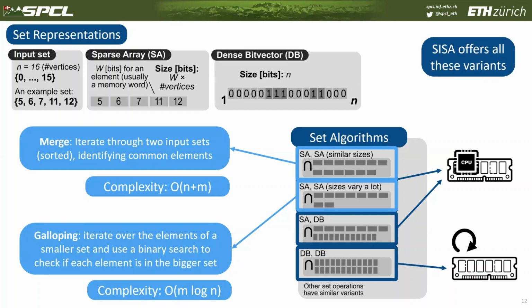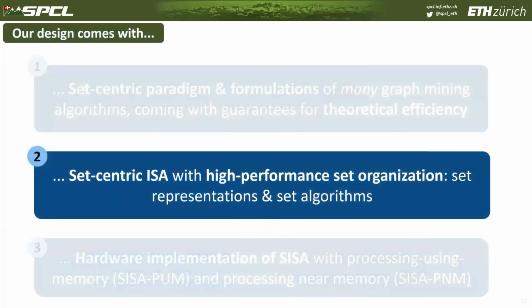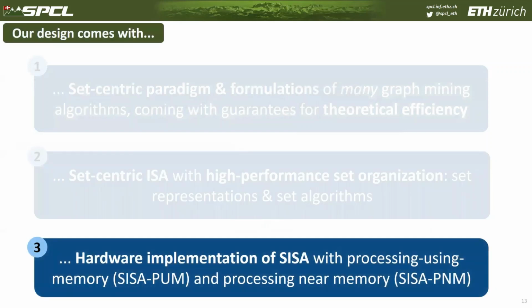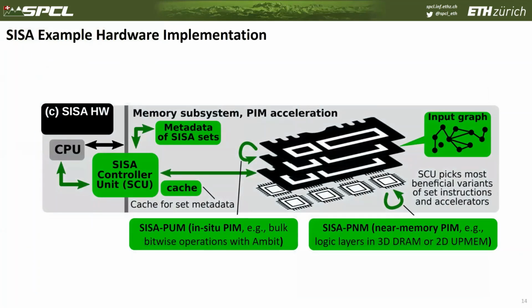automatic execution inside hardware. So yes, now let's move to the final part, to the hardware implementation of SISA. So this diagram looks a bit complicated, so let me go through all these elements one by one. The green blocks are blocks which are related to SISA, or proposed in SISA as extensions.